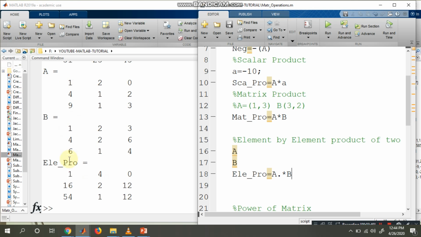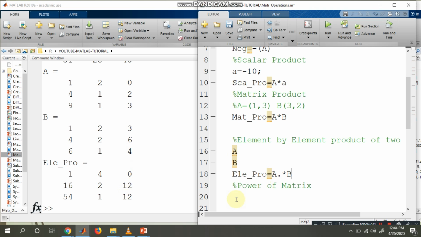Here 1 times 4 is 4, 9 times 6 is 54, 2 times 2 is 4, and similarly 3 times 4 is 12, like that. This is the element by element product matrix.